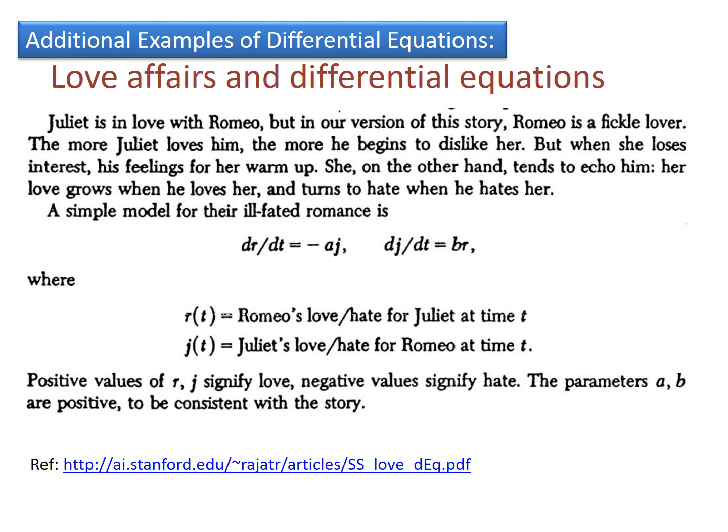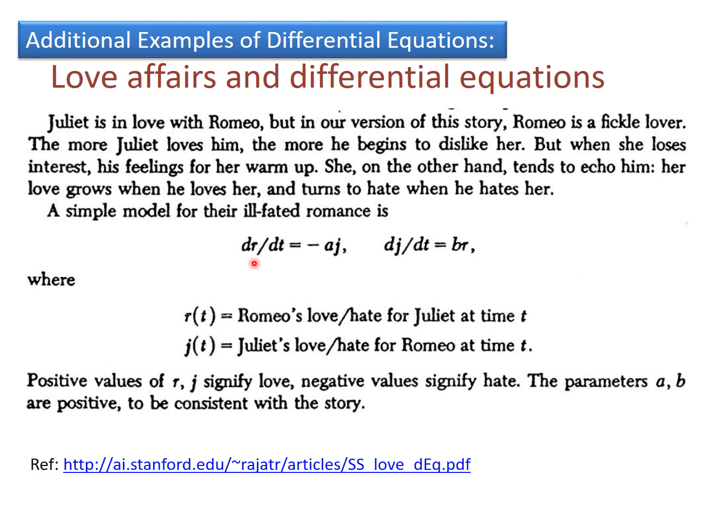So for example, if you assume that Romeo and Juliet are in love, the rate of change of how much love Romeo has can be modeled using the variable r. How much love Juliet has can be modeled using the variable j.